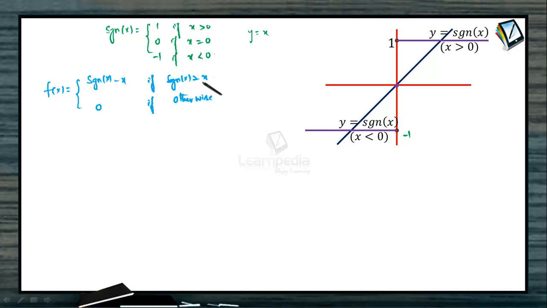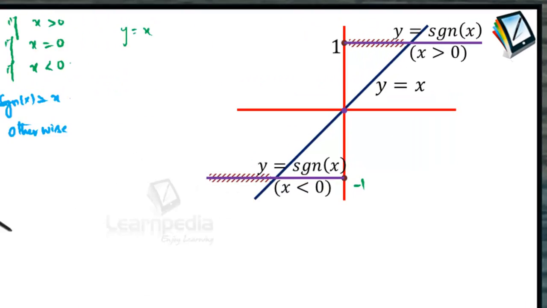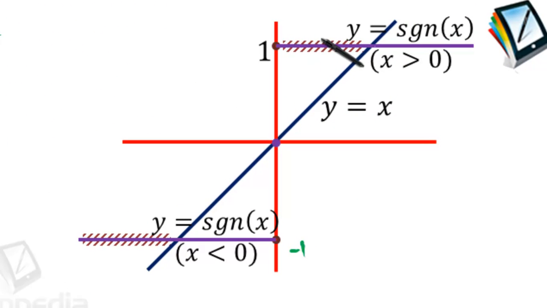From the graph you can clearly see signum function of x is greater than x only between 0 to 1 and from minus infinity to minus 1. So what do we observe here? These are the regions where signum function of x is greater than x. These shaded regions are the values where the function is more than 0.